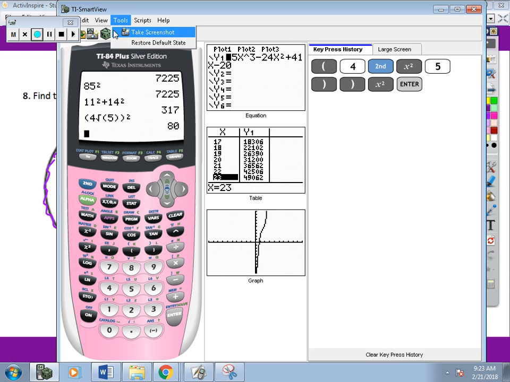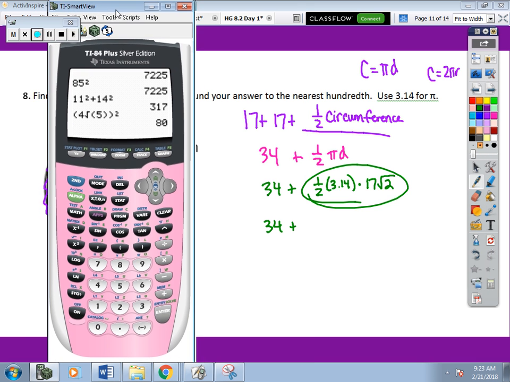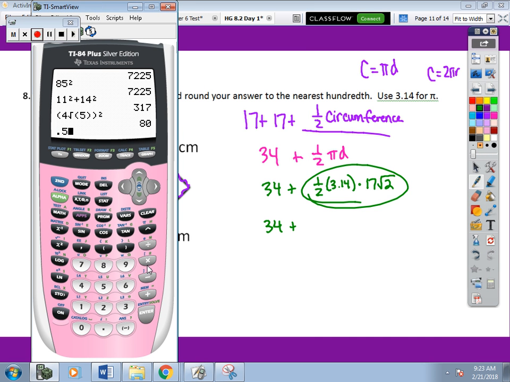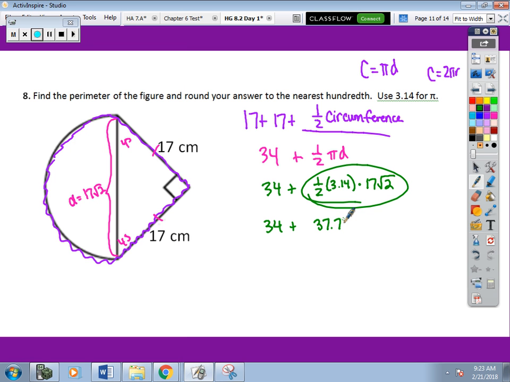So we'll have 0.5 times, I'll use the pi key, times 17 root 2. You can type it all in. 0.5 times pi times 17 root 2. Hit enter, and we'll get 37.76.